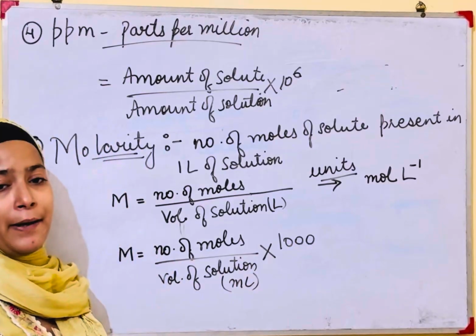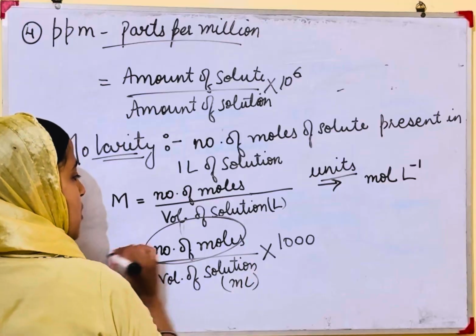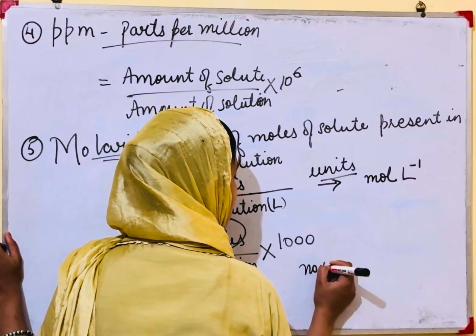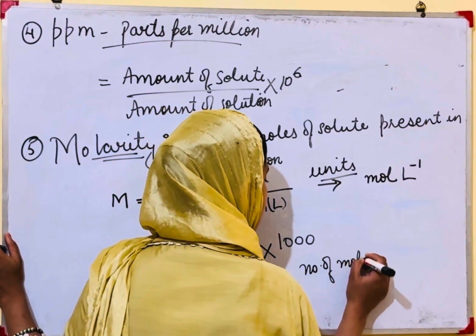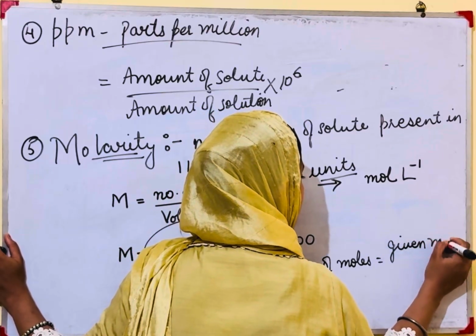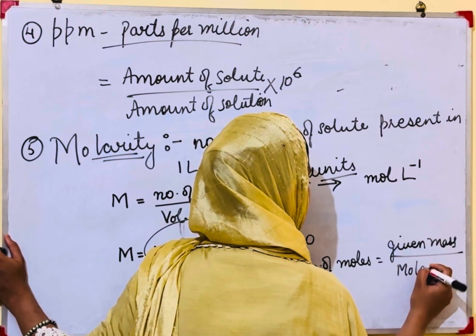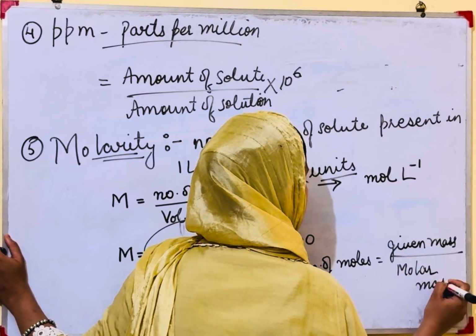If we put the value of volume in milliliter, then we have to multiply by 1000 to get the value of molarity. Now here we use the number of moles, so number of moles can be calculated. Number of moles is equal to given mass, which is already given in the question, divided by molar mass.